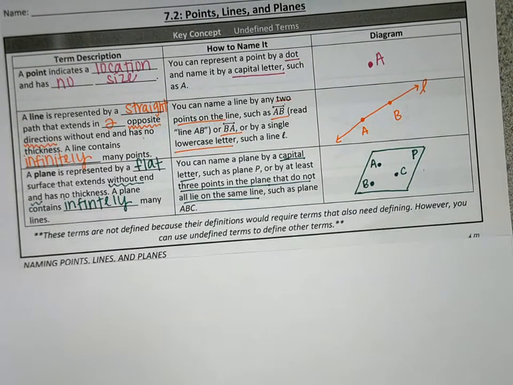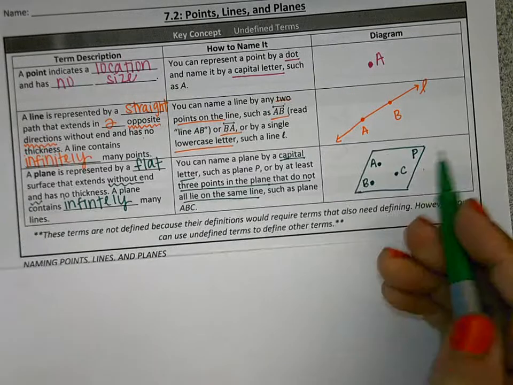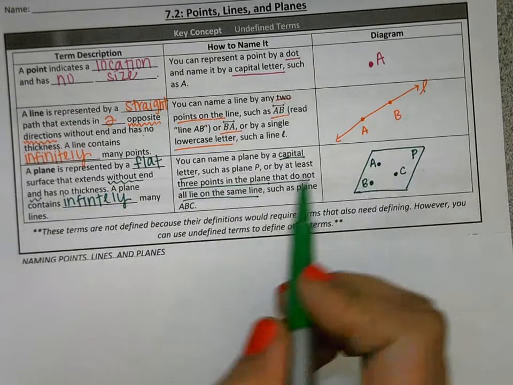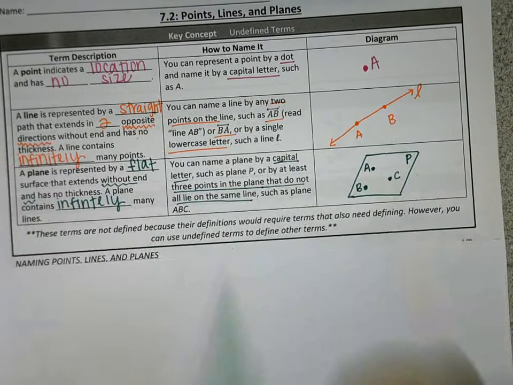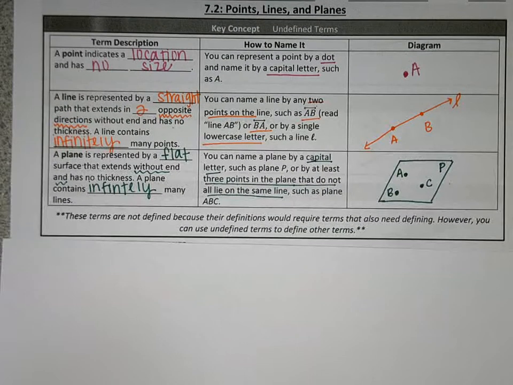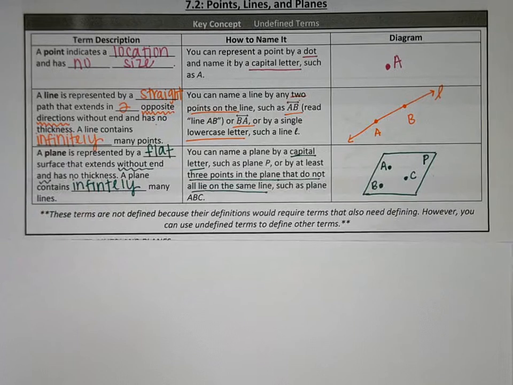They don't all line up, right? So we can name the plane A, B, C. Okay, so you would write the word plane and then write the capital letters A, B, C. The order doesn't matter, just like on a line. Okay, so far so good?